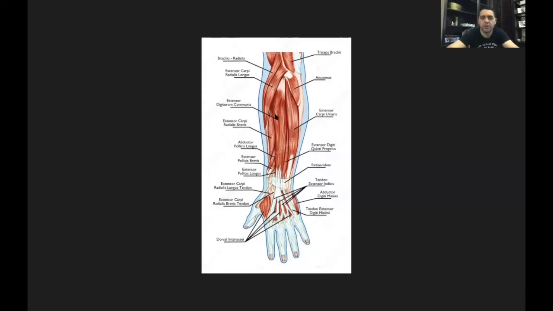We have here extensor digitorum communis, as I said to you, and then here we have the retinaculum of the extensor tendons. Then here we have tendon extensor digiti minimi, and here we have tendon extensor of the first digit.